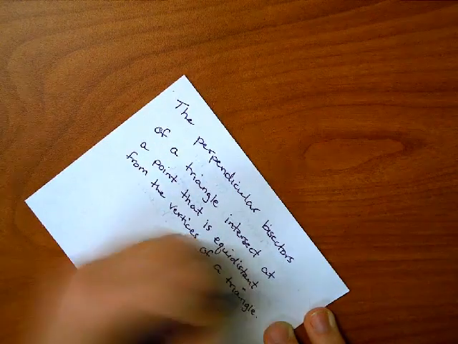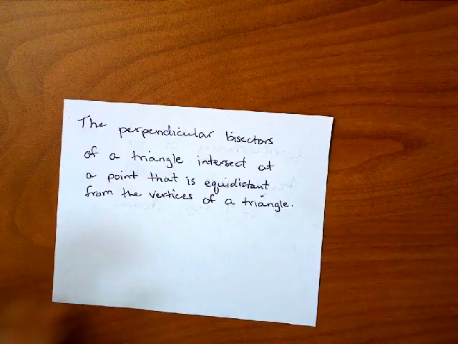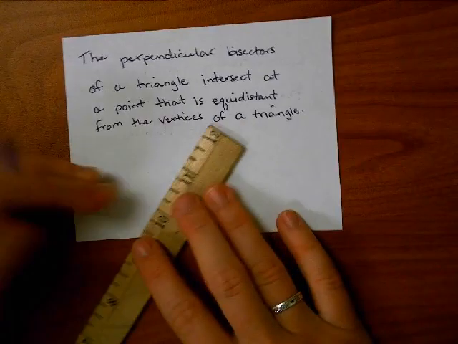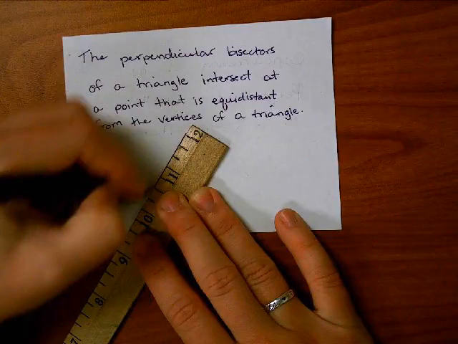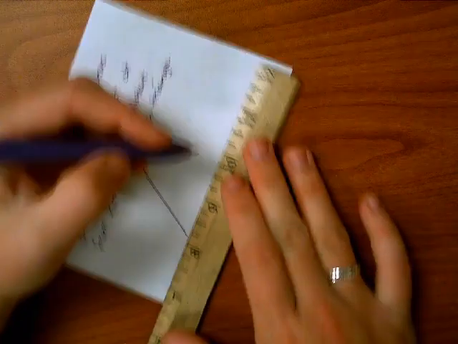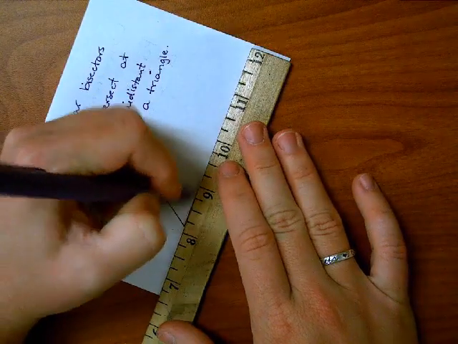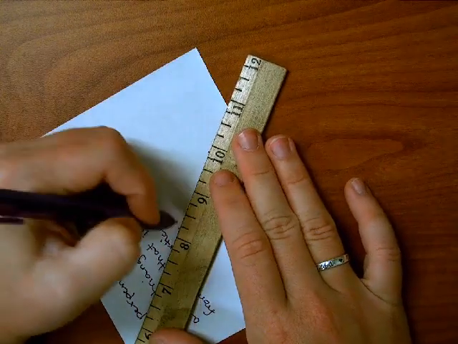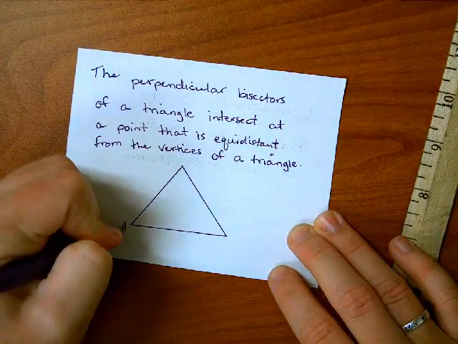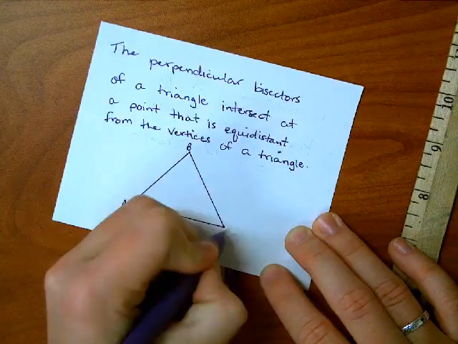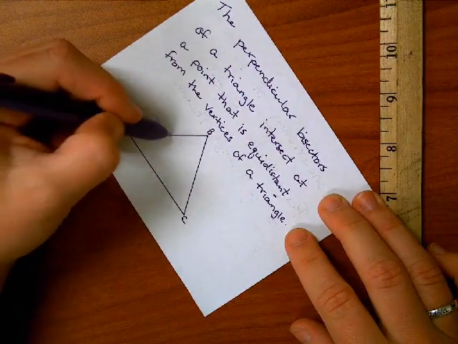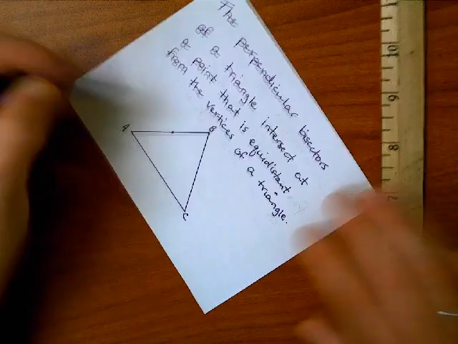Okay, so then this point that it intersects at, well, here, we'll draw our triangle. So let's draw triangle ABC again. And then we're going to draw perpendicular bisectors. So my perpendicular bisector needs to make a right angle here.